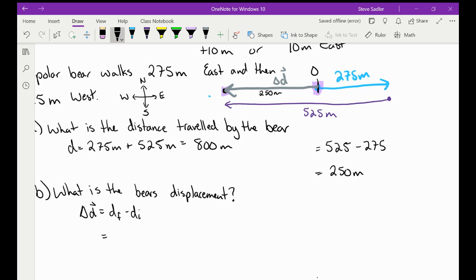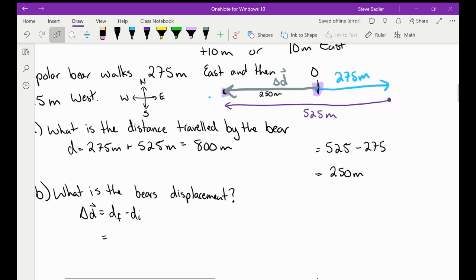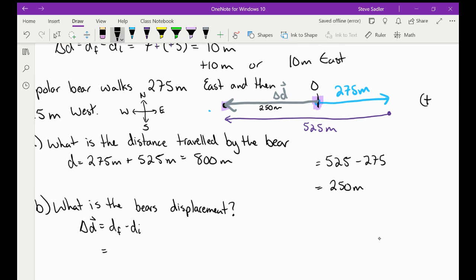We do have to establish the direction. So if I make right positive and left negative, that's always a nice way to do it, because when we graph and we think about it as an x-axis, to the right is always positive and to the left is always negative. In physics, you can flip those around as long as you stay consistent with it, but it is nice to have just kind of one way to do it, and then you remember. So right being positive and left being negative is always a nice way to do it.